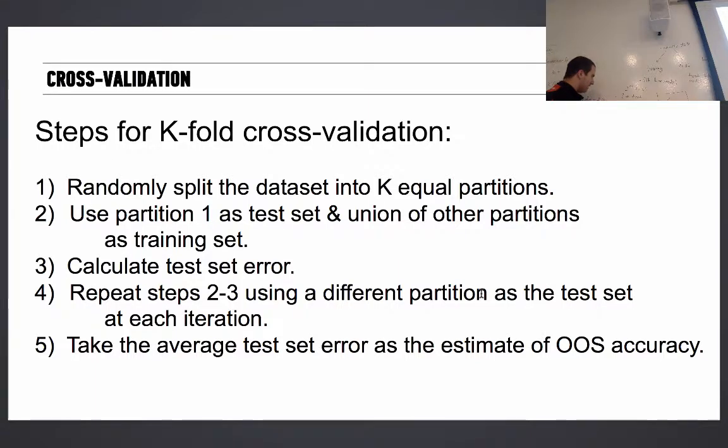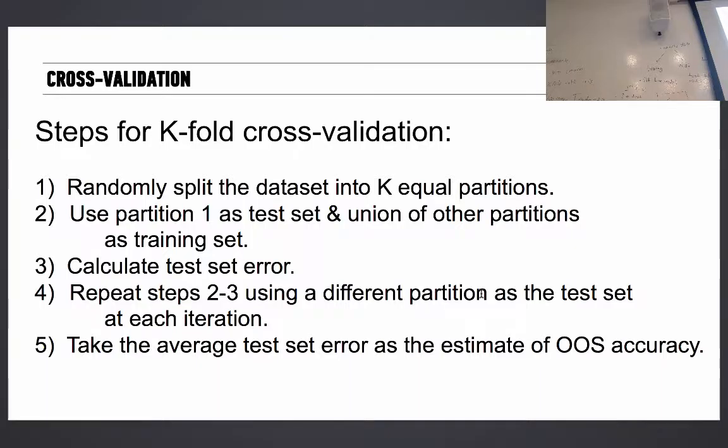And then, on my second trial, my number 2 will be my test, and 1 and 3, these 2, will be my train. On the third trial, I'll use the third partition as a test, and then 1 plus 2 will be the training. So I'm effectively training the model k times using different training data each time.